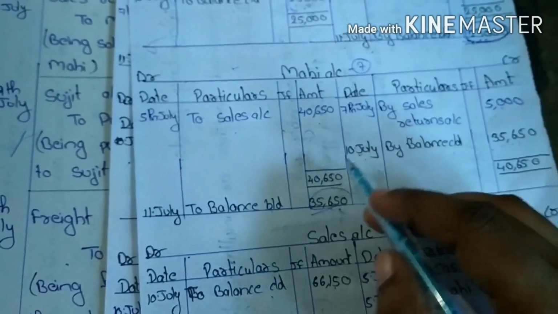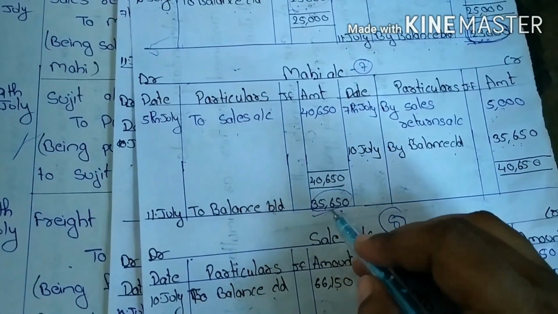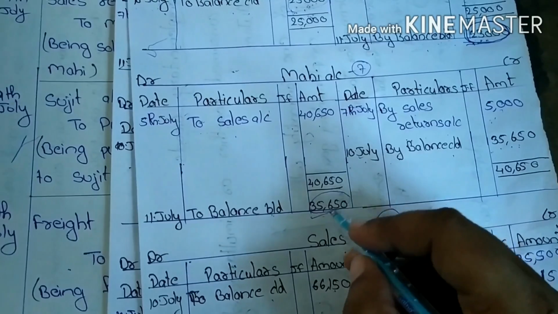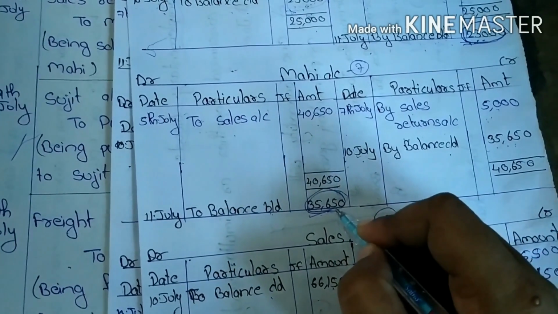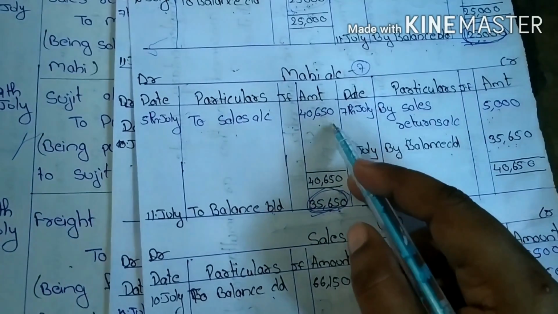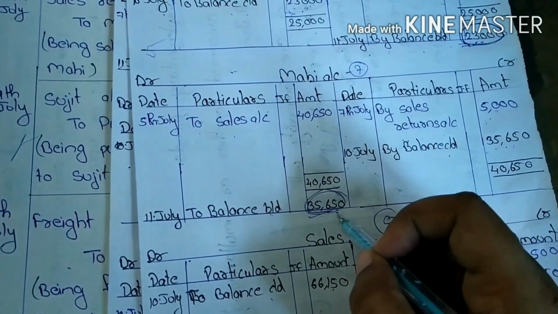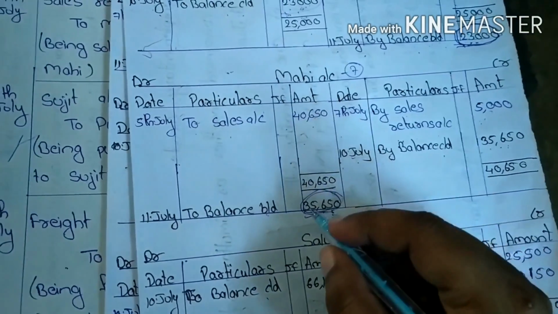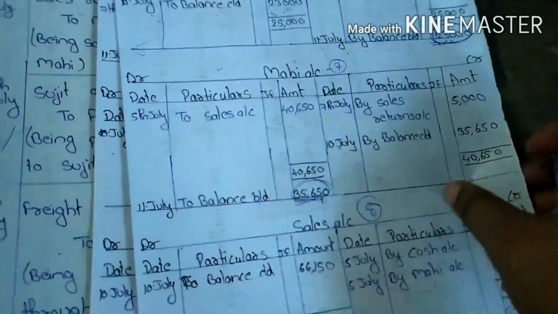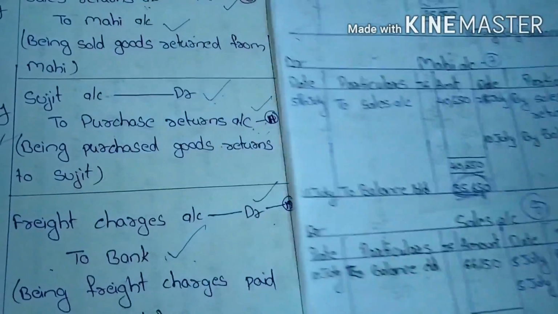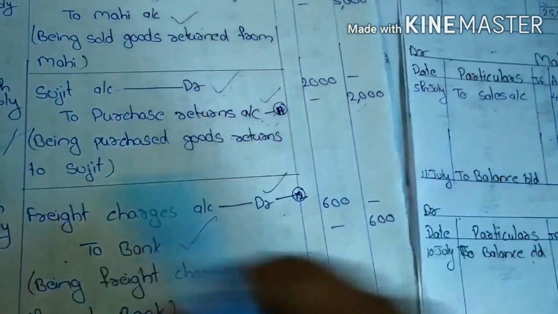So it should be brought down to 35,650. So 35,650 is the balance that should be paid by Mahi. Okay, Mahi should pay this amount to you. That is 35,650. It is the balance of the Mahi account. So 7 accounts have been opened and completed, right?